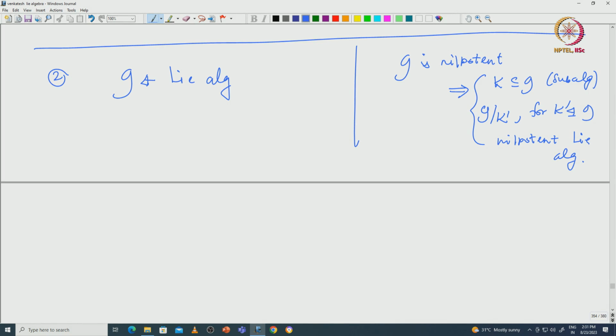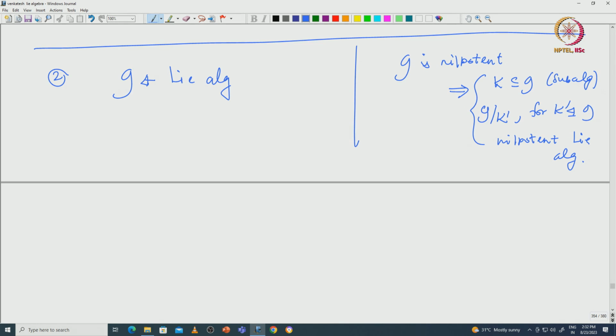So we have seen already an example: you can take a 2-dimensional non-abelian Lie algebra, which itself gives us a counterexample that the converse is not true. Okay. So with some additional conditions, can we get G nilpotent? So that is what we are going to see. Okay. So this exercise answers that converse part with an additional requirement.